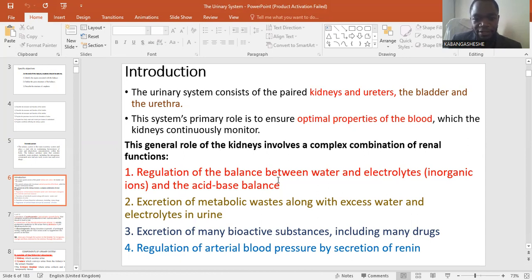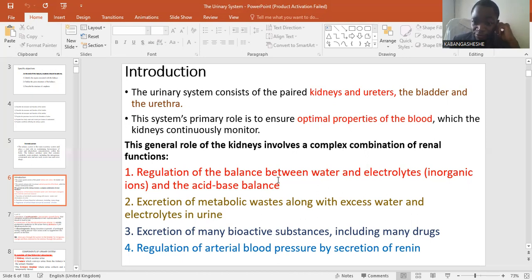Similarly, acids and bases are supposed to be regulated within a strict limit. These are controlled by the body eliminating or conserving certain electrolytes, for example, the bicarbonate ions and the hydrogen ions.